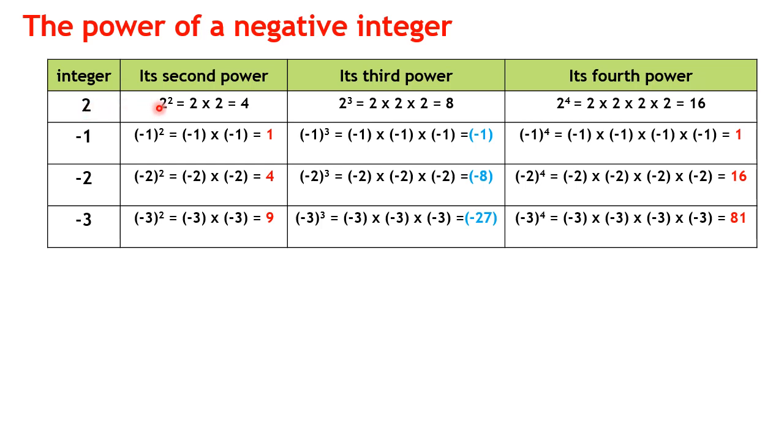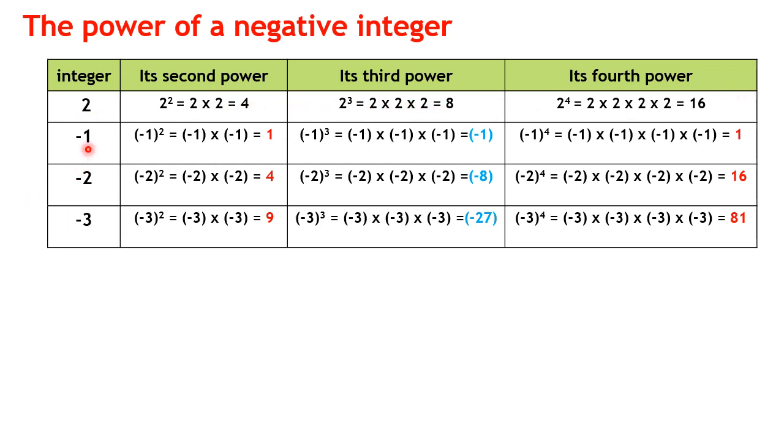The second power of plus 2 is plus 4. Its third power, 2 cube, is plus 8. Its fourth power, 2 to the power 4, is plus 16. So whatever the power, whether odd or even, for a positive integer the result is positive.